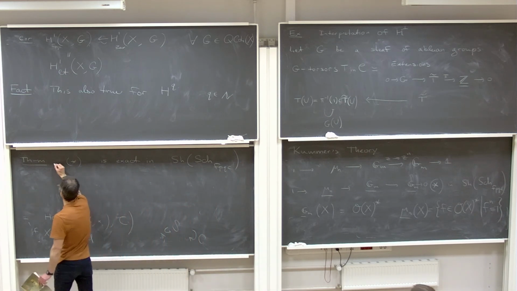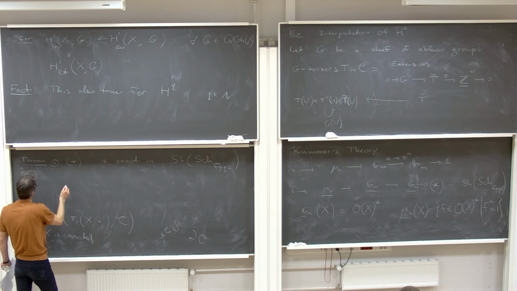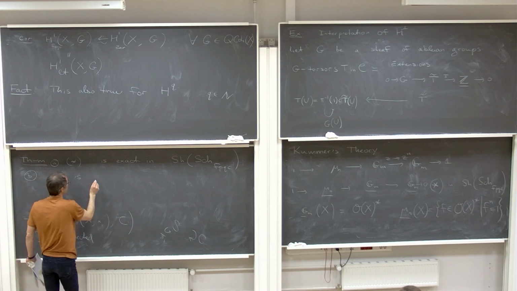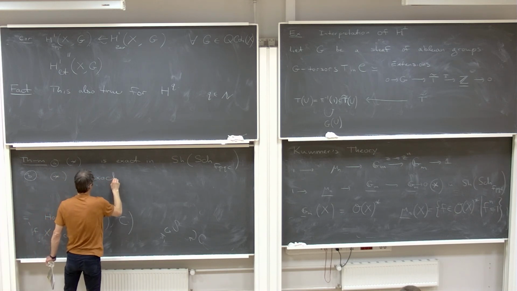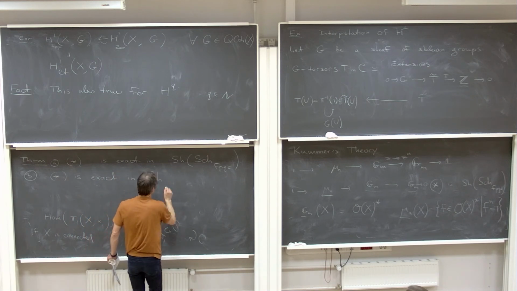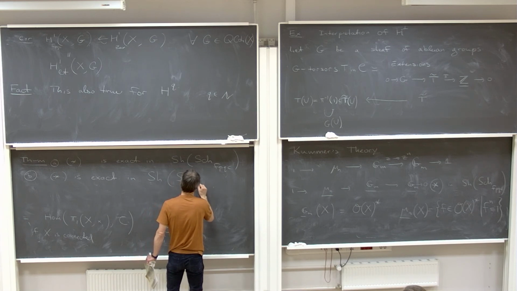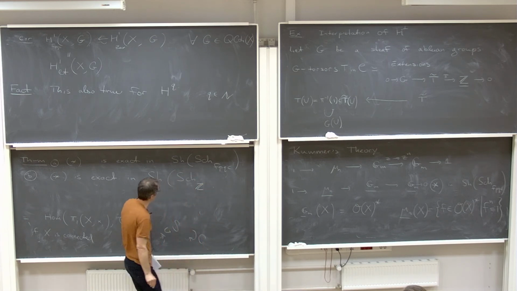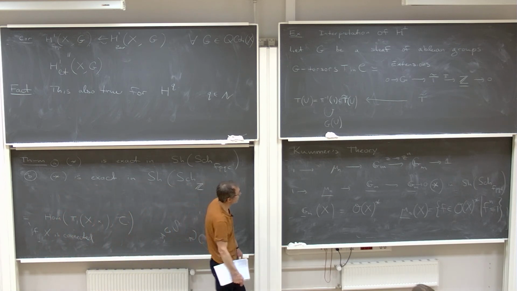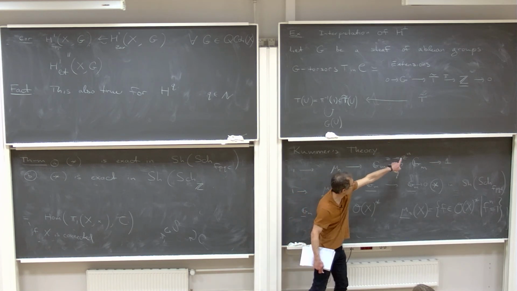And this is part A, and part B is that it's exact even in a weaker topology. So I take sheaves over Z. It's going to be exact in a weaker topology, provided that I look at schemes where n is inverted.